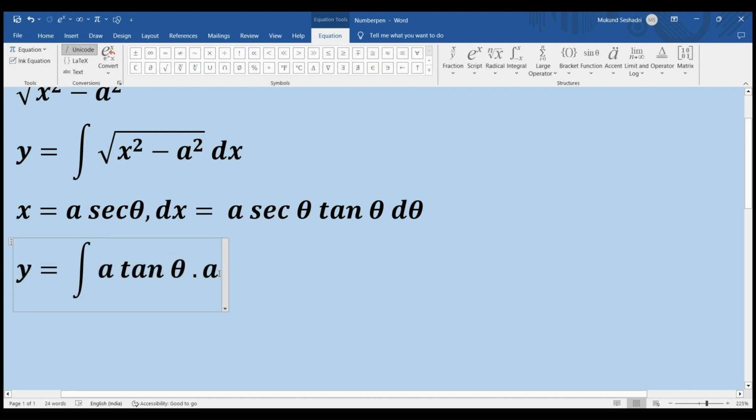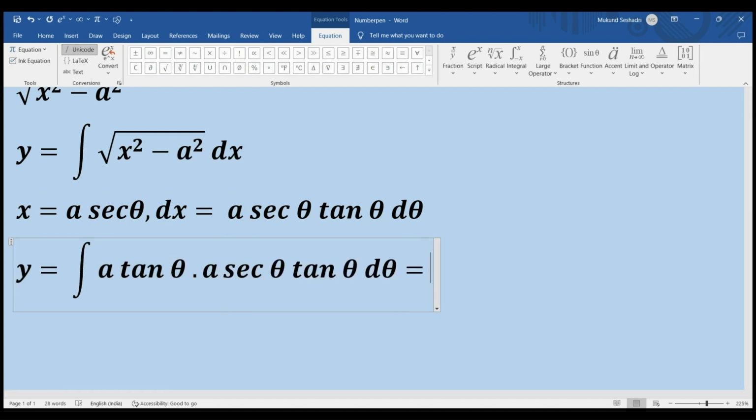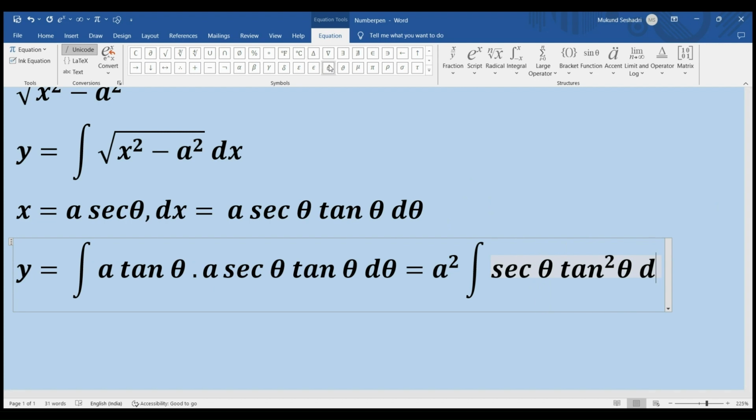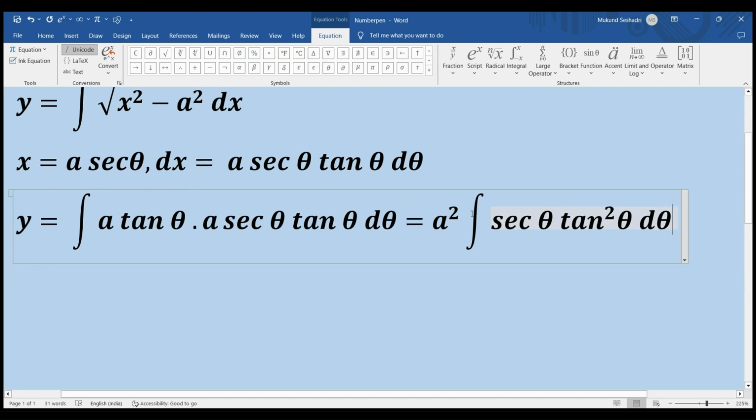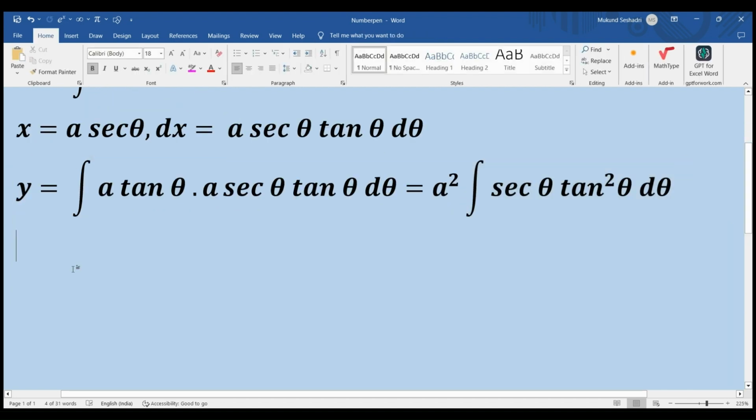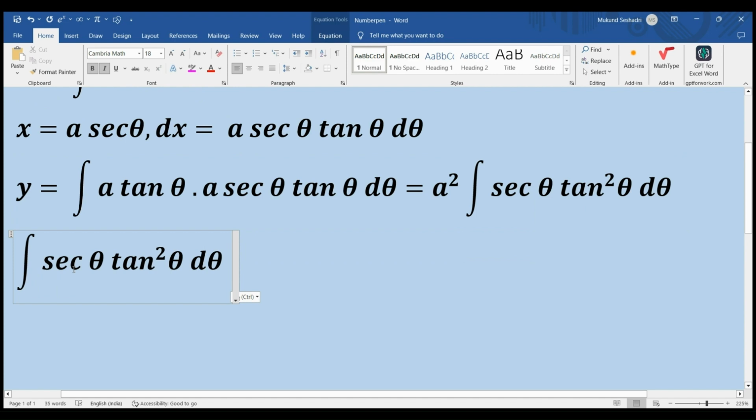So I have a double a in the expression, which means I can take out a square, which is a constant. I can take it out of the integral. What happens to the remaining portion of the expression is I get a secant theta times tan square theta, right? And then I have my d theta as well, right? So now I'm going to park y aside.